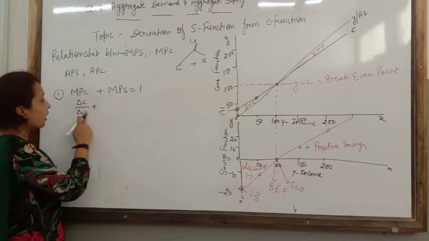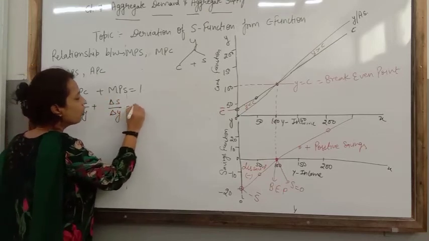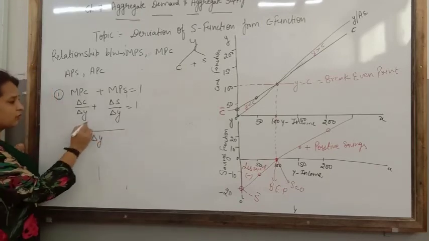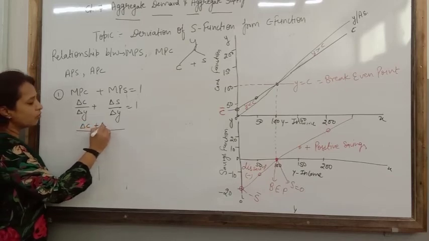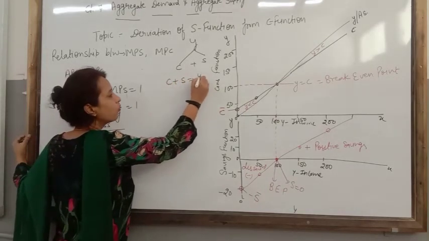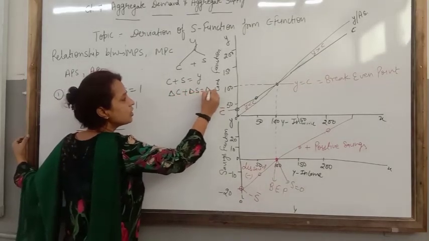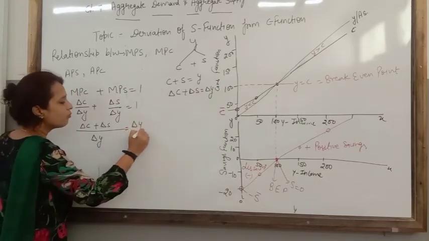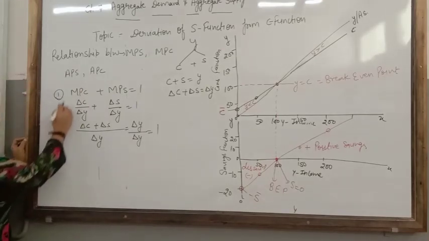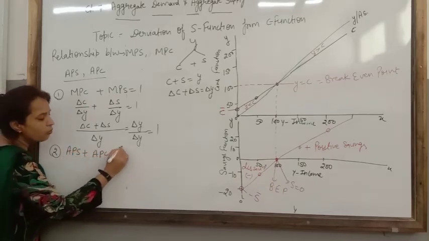The formula of MPS is change in S upon change in Y. Take the LCM, change in Y. All of you know C plus S equal to Y. If C plus S equal to Y, then change in C plus change in S equal to change in Y. So change in Y upon change in Y is 1. Clear?